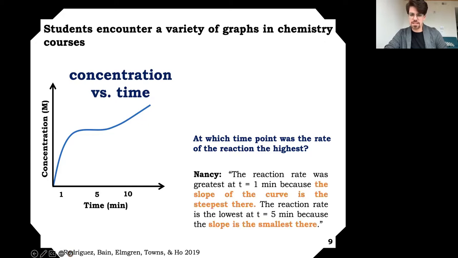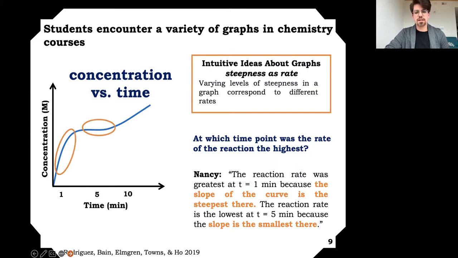If we look at a student response here, this is Nancy, answering on the exam. She says the reaction rate was greatest at t equals 1 minute because the slope of the curve is the steepest there. The reaction rate is the lowest at t equals 5 minutes because the slope is the smallest there. And so here, Nancy is focusing on the shape, the slope, and drawing inferences about rate.